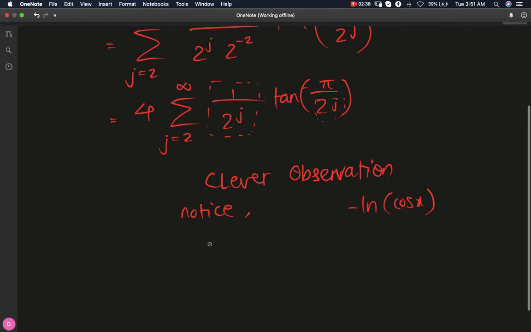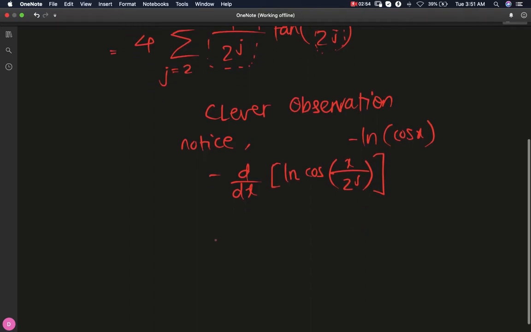So if I have negative derivative with respect to x of natural log of cosine of x divided by 2 to the jth power, if I differentiate this, what am I going to get? I'm going to get minus, well, this entire thing is just the derivative of the tangent. So tangent of this inner thing, x over 2 to the j, and we have to use the chain rule. So we have the derivative of the inside argument, which is x over 2 to the jth power.